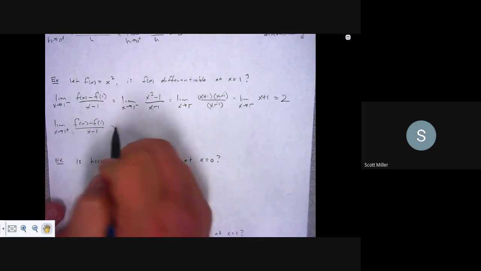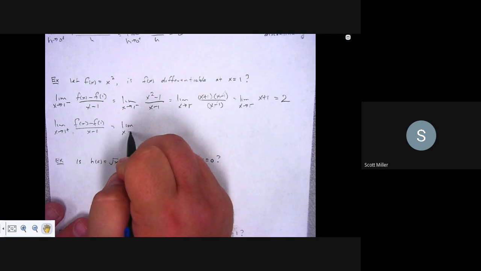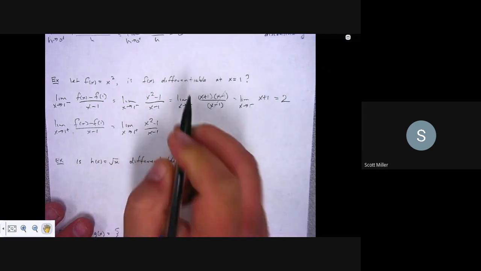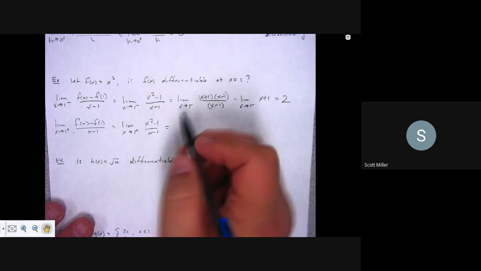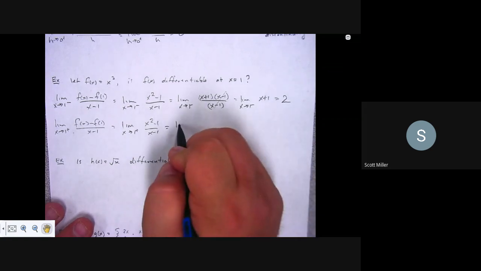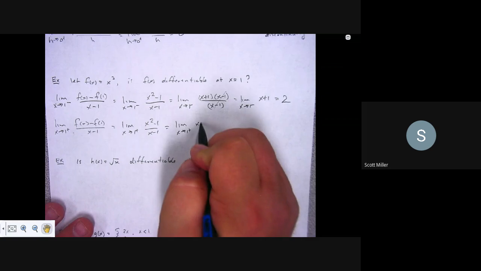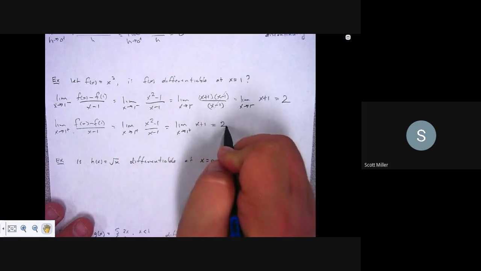What's the limit as x approaches 1 from the plus side? You will see that you're going to get basically the same thing. As I factor and reduce out, I get exactly the same thing as I had on the other one, and direct substitution gives me a 2.